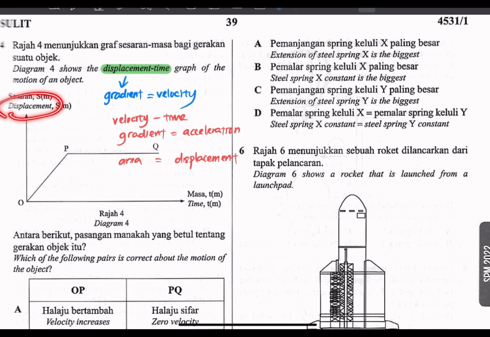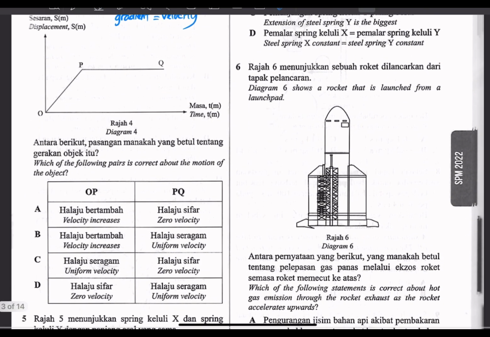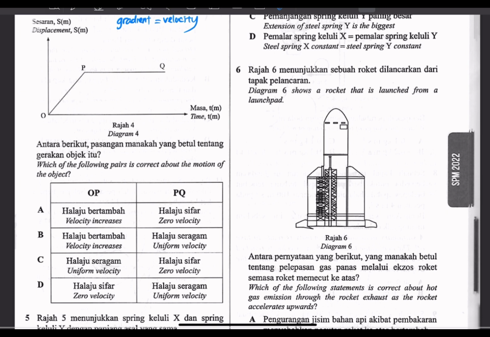So now what graph do we have? Displacement against time. So you have to know that the gradient will represent velocity. Okay, which of the following pair is correct about the motion? For OP, okay, over here is OP. This is a straight line with a constant gradient.